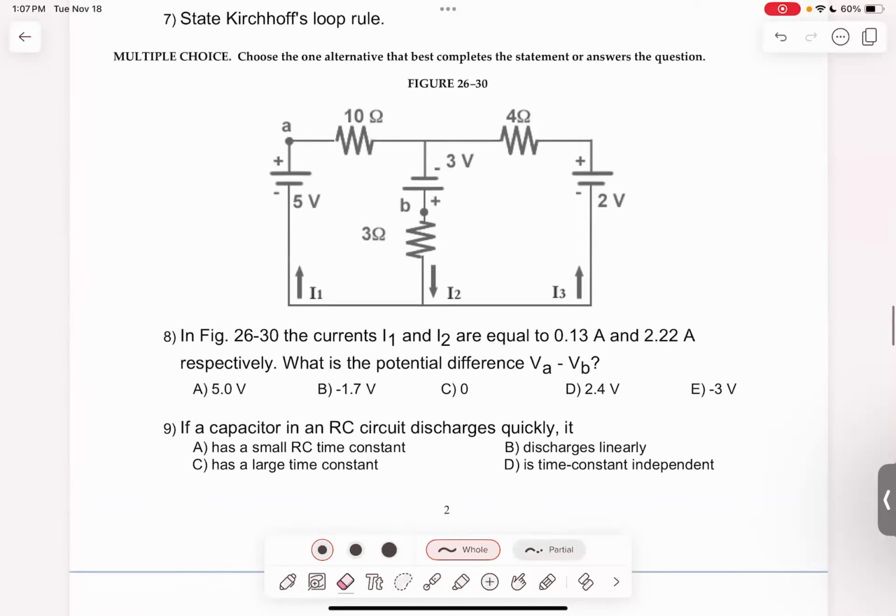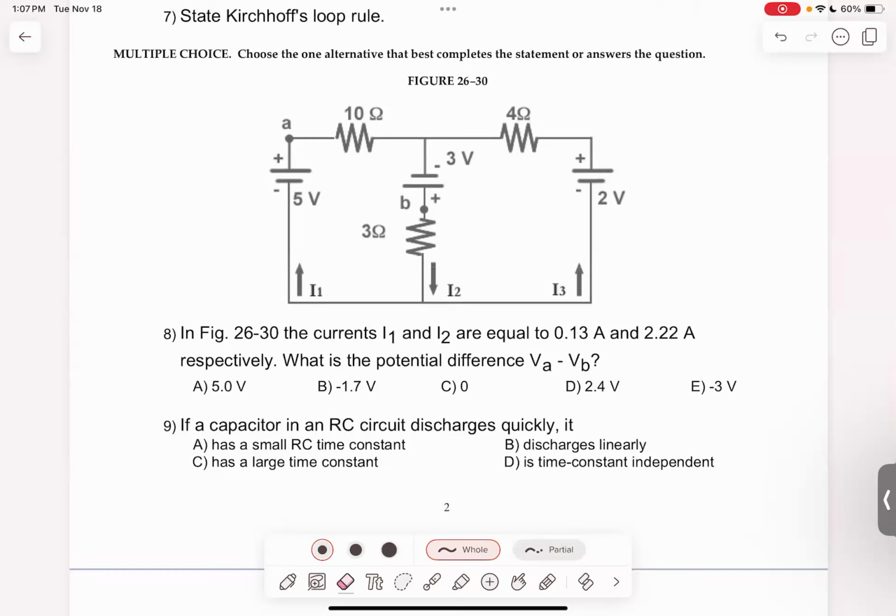Okay, so for problem number 8, we've got a pretty complex circuit here, and in this figure we have currents I1 and I2, and they're 0.13 and 2.22 amps respectively. Let's write that off to the side because we're probably going to need it.